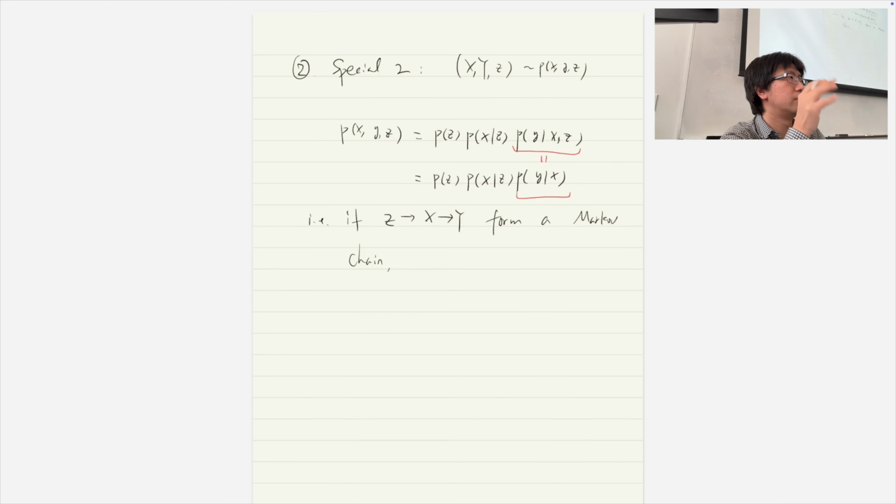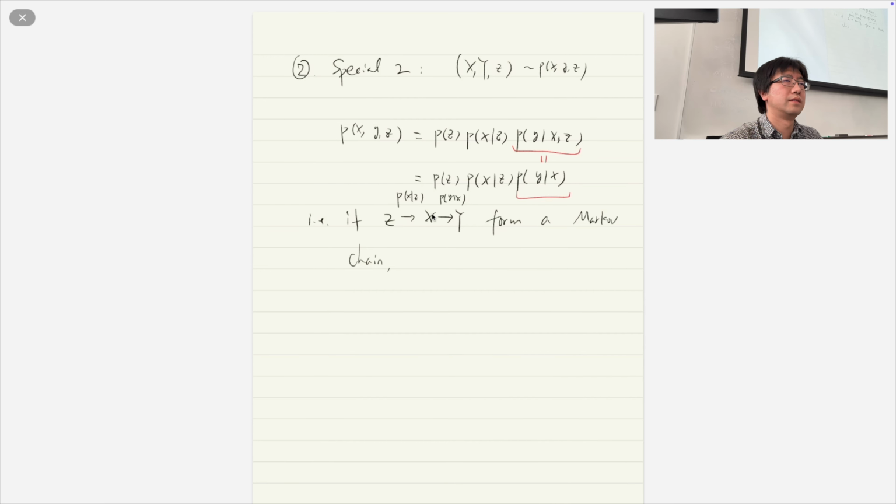You don't need to do that in a very thorough way, but you need to understand the concept. In this kind of Markov chain, we have transition probabilities. Here, the transition probabilities are p(x given z) and p(y given x). Those probabilities are important. So y only depends on the previous random variable here.